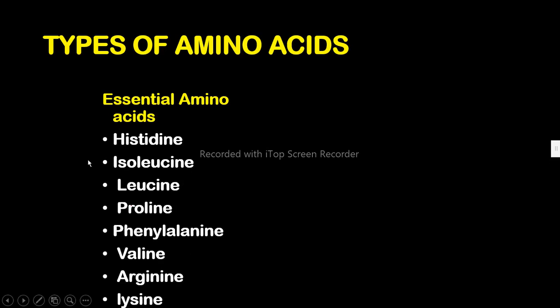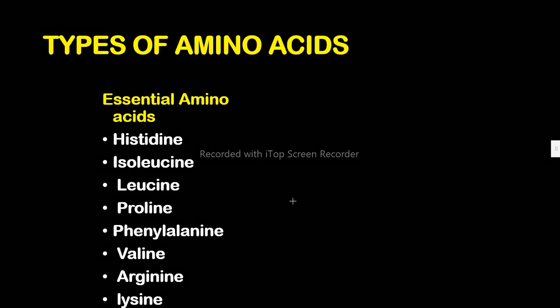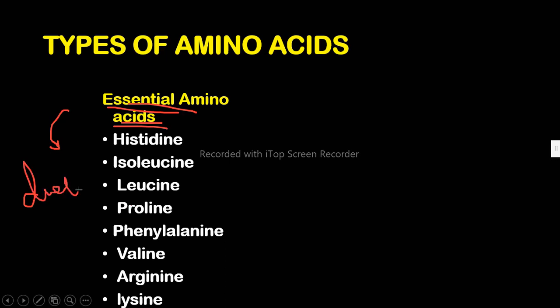Now these are the essential amino acids, the same way we defined essential fatty acids. Your body cannot make them. So by all means, you have to obtain them from the diet. If you eat poorly, then you won't have these amino acids and you become malnourished.